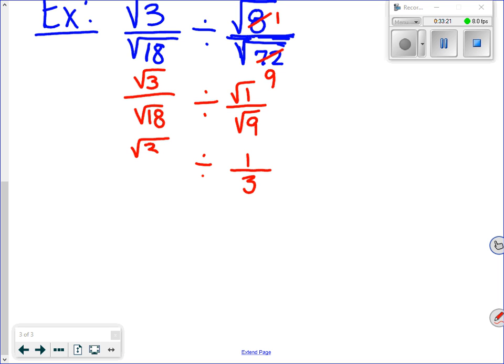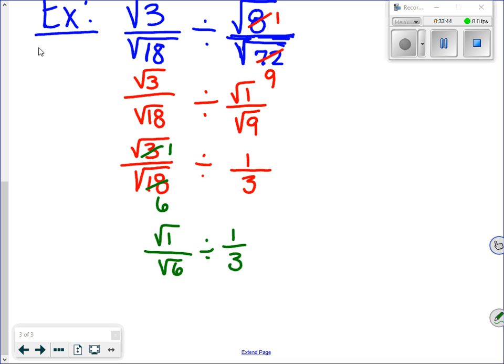Agreed? Okay. Okay, so what else could we do? Okay, simplify 3 and 18. What goes into 3 and 18? 3. So 3 goes into 3 once and into 18, 6. So that becomes the square root of 1 over the square root of 6 divided by 1/3.